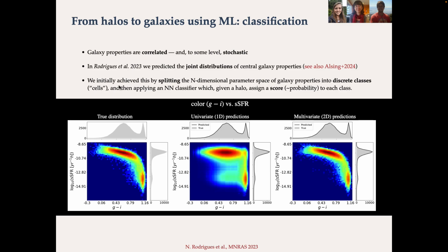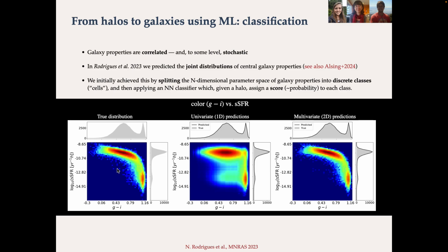We split the n-dimensional parameter space into discrete classes. We usually did this in 2 dimensions. So we picked 2 galaxy properties, in this case, for instance, color on the horizontal axis and star formation rate on the vertical axis. And then we divided that into cells.